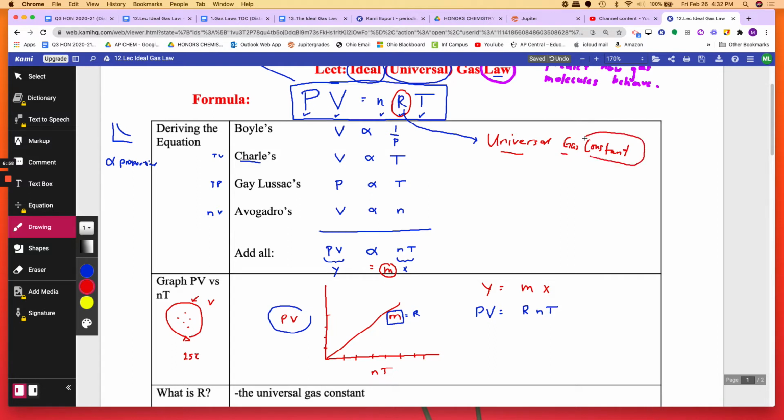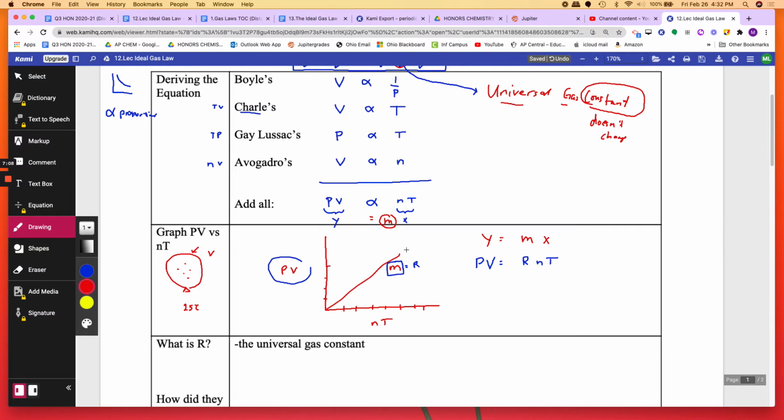Constant because it doesn't change. It doesn't change because the line, which is the slope, is the same here. The slope is the same here, here, and here, if there's a straight line, right? It is a straight line, I just wrote a crooked line. So the slope is not changing. So this R is constant.